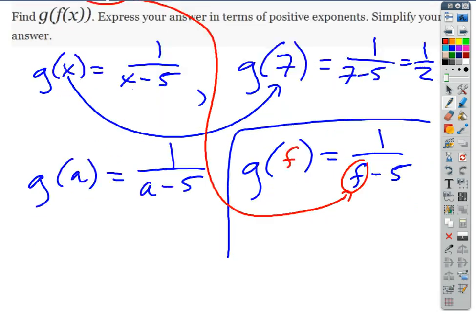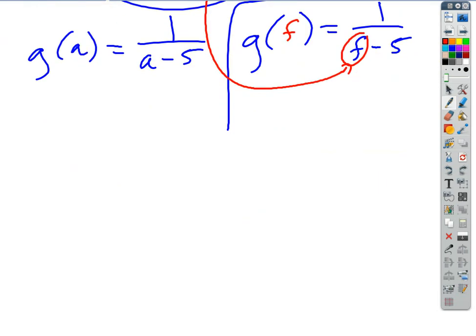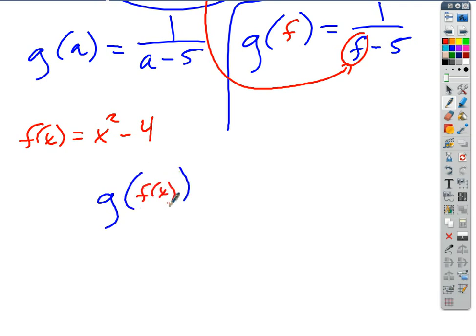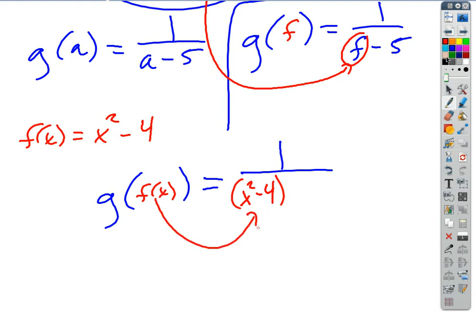So if f of x is x squared minus 4, then g of f of x equals 1 over x squared minus 4, because that's my f of x, minus 5.